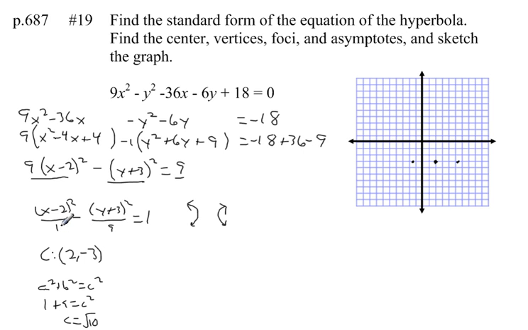Okay, so to find my vertices, my stretch in the x direction is 1 unit. My stretch in the y direction is 3 units. And I can draw a box using those borders. Now what I'm going to do with this box, I can draw some asymptotes through the corners of that box.